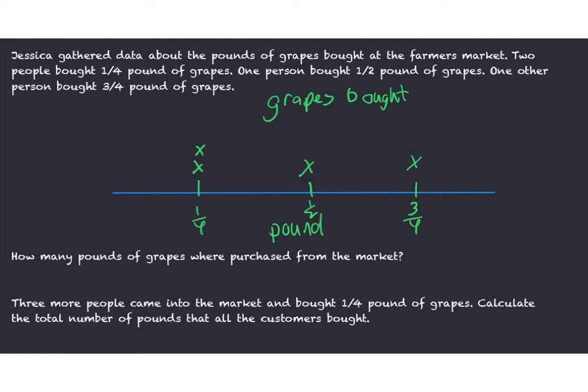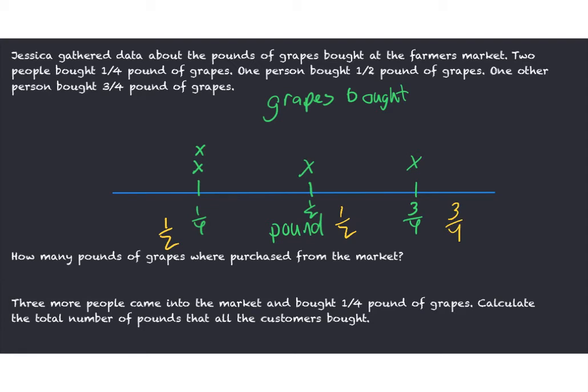Now let's take a look at our questions. How many pounds of grapes were purchased from the market? So if I go ahead and add this up, 1/4 plus 1/4 equals 1/2. 1 person bought 1/2, so that's 1/2. And then 1 person bought 3/4, so that's 3/4.